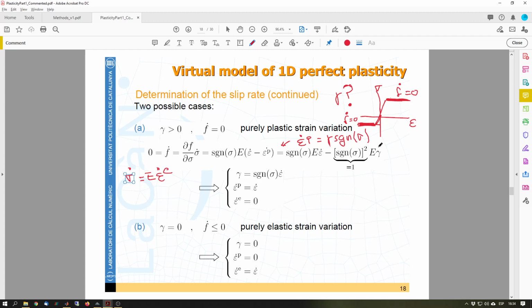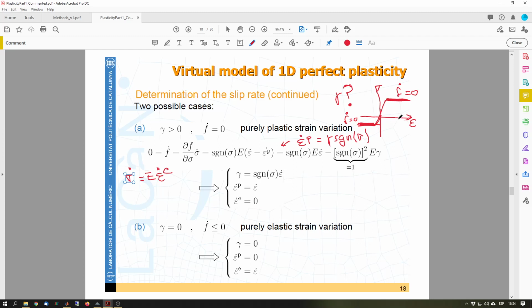So in total, we have that gamma, and the Young modulus can be cancelled, equals the sign of the stress multiplied by the total strain rate that we have. So this is writing my slip rate, gamma, as the sign times the total strain rate. So what does it mean on our stress-strain diagram?